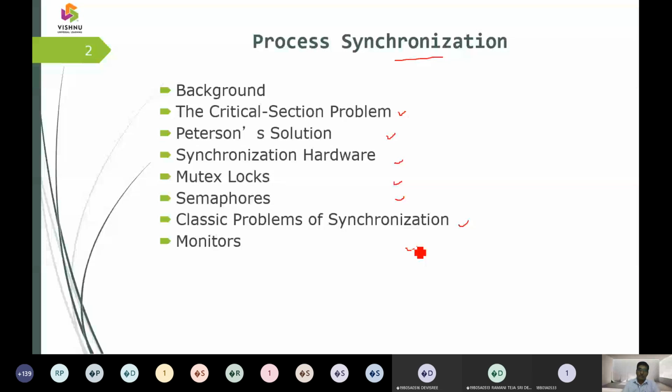In DBMS you have transaction management, which we describe with ACID properties. There we talk about mutex, shared, wait and signal, and whatever concepts we discussed regarding transaction management, the same concepts are discussed again.